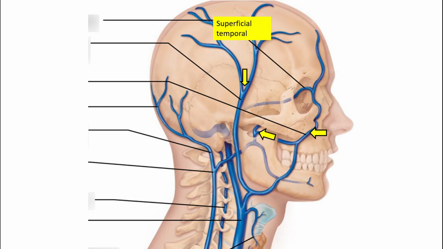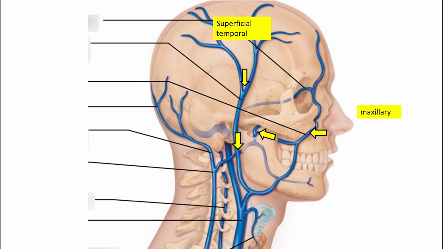Now, it is going to meet this vein, which is the maxillary vein, and form a large vein deep to the ramus of the mandible called the retromandibular vein.